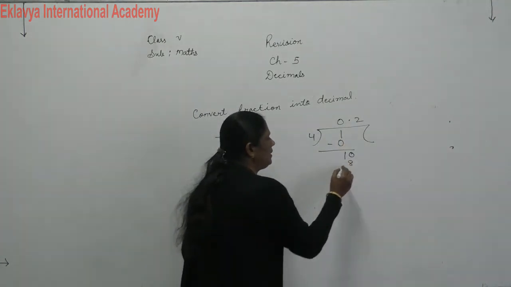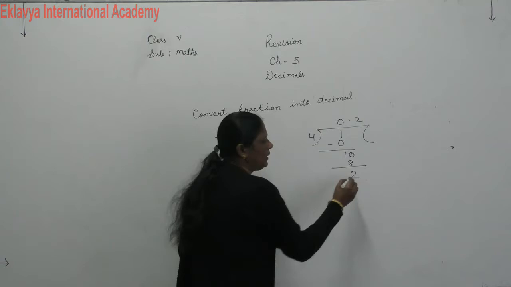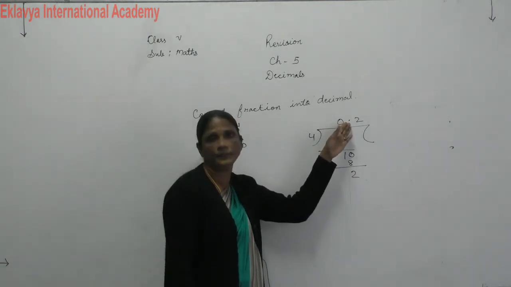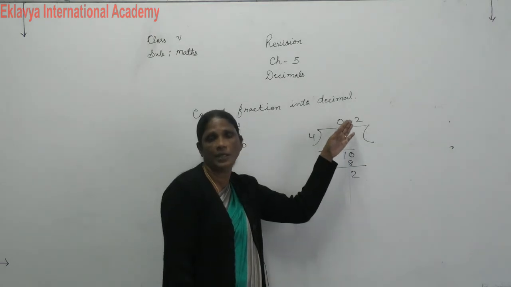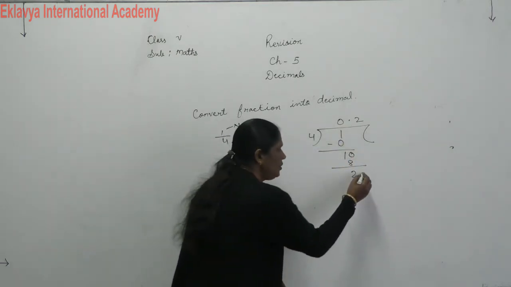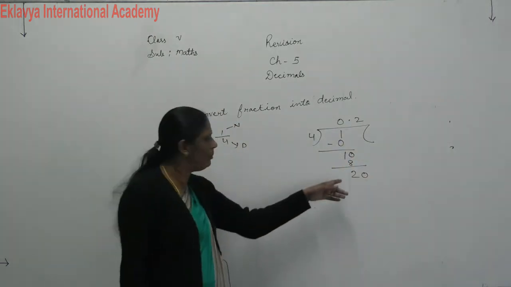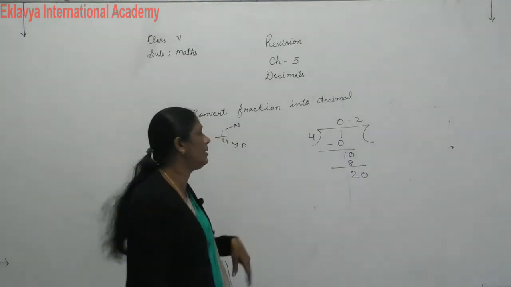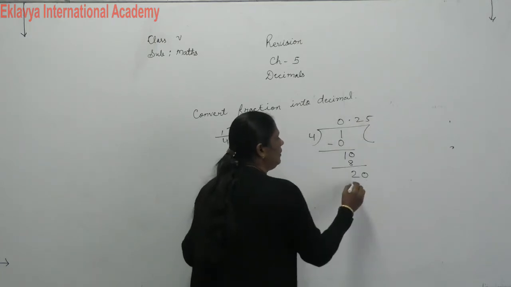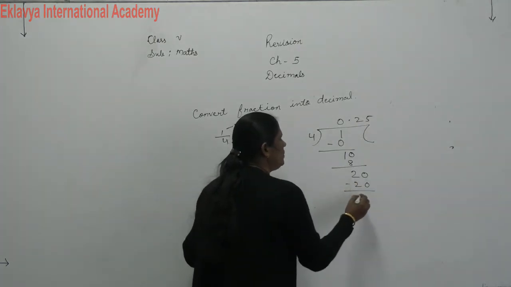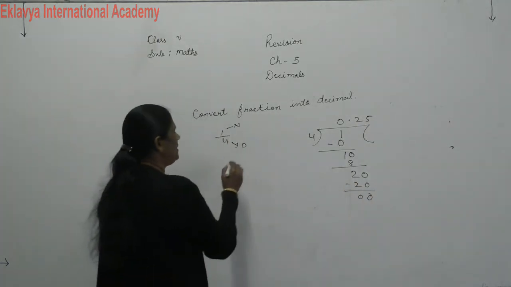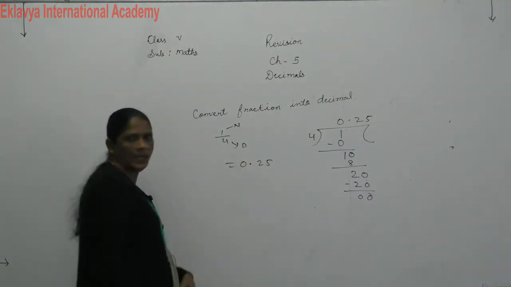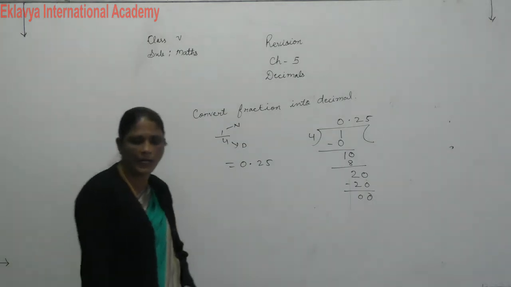Then 8, again remainder comes 2. We put a decimal in the quotient, therefore we give 1 0 here. Now our number is 20. The table of 4, how many times come? 5 times. Then 20 here, then 0 0. Our answer is 0.25. Understand you how to divide this?